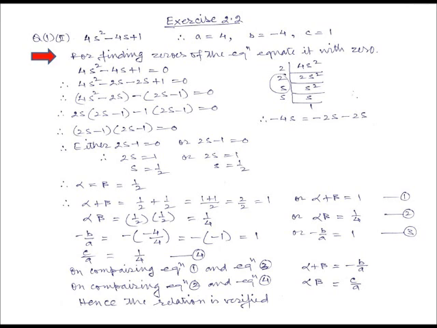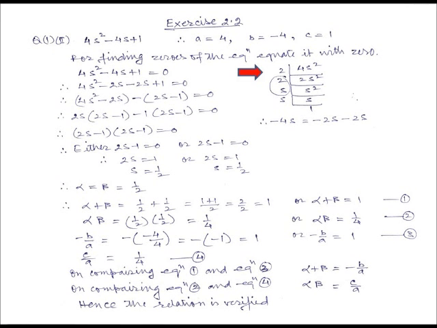Now multiplying the extremes 4s square and 1, we get 4s square. On factorization, we get 2 into 2 into s into s. But the middle term is negative, so we will take both the parts negative. So minus 4s is equal to minus 2s minus 2s.